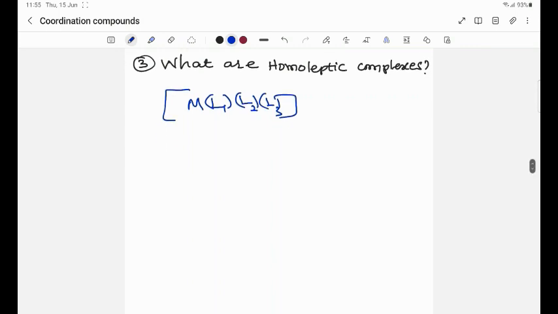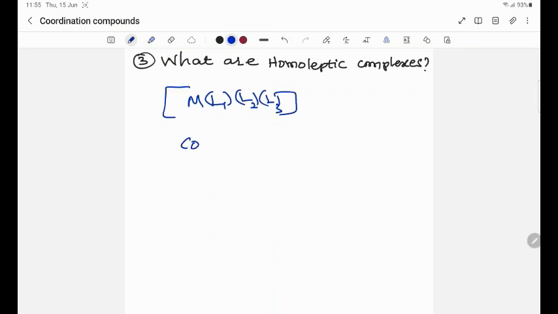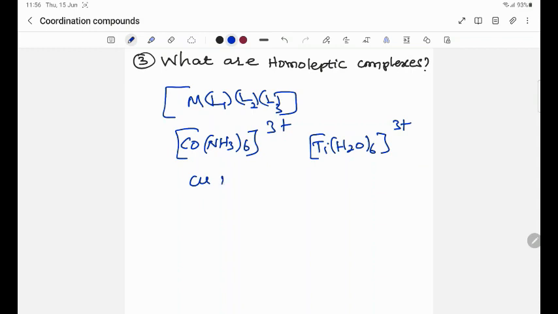But in homoleptic complex, the central metal atom is attached to only one kind of ligand. See here, the central metal atom is attached to only one type of ligand. So these complexes are called homoleptic complexes.